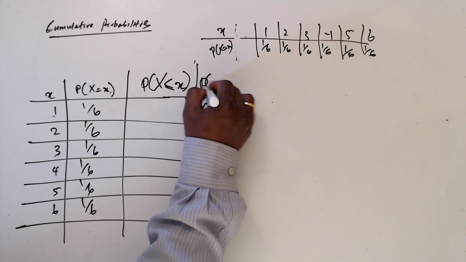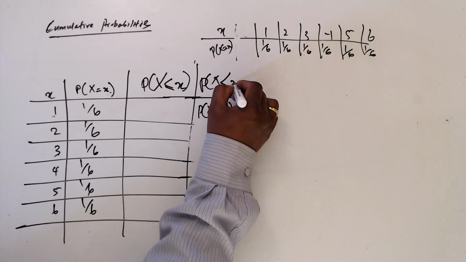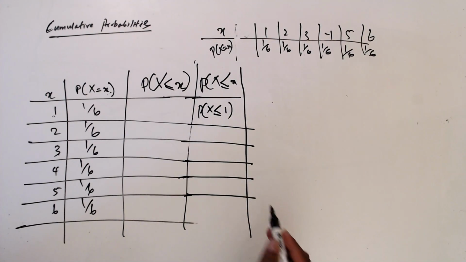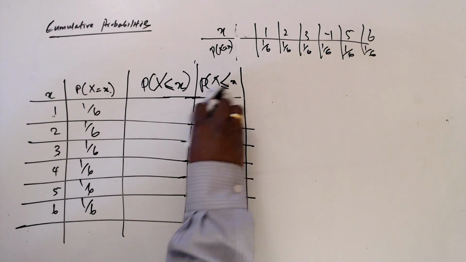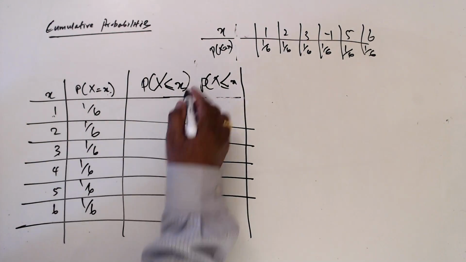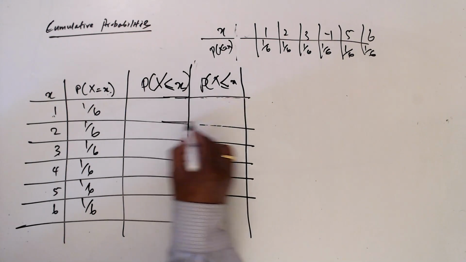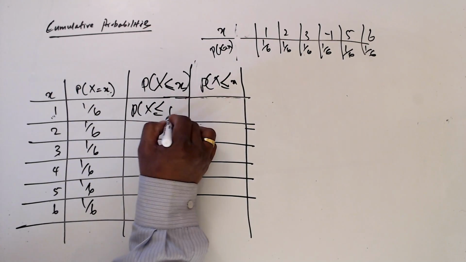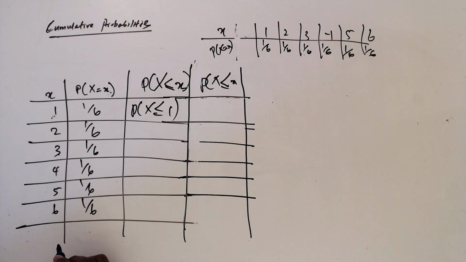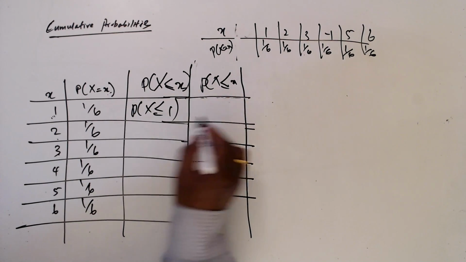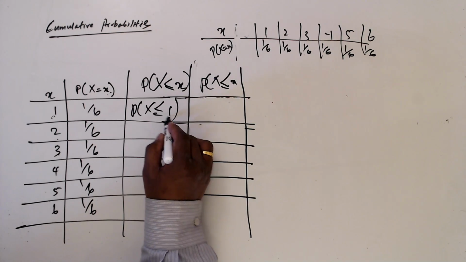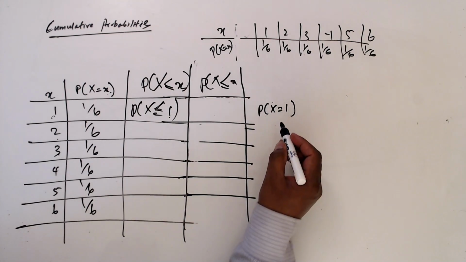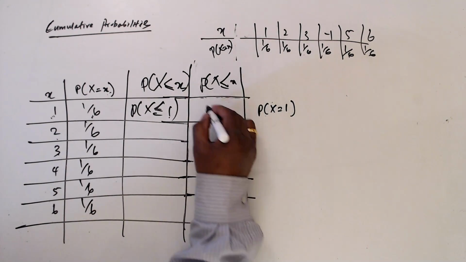I will rewrite it as well. When x equals 1, probability of x less than or equal to 1, what is the answer? This is probability x equal 1, that is 1 over 6. So this is 1 over 6.